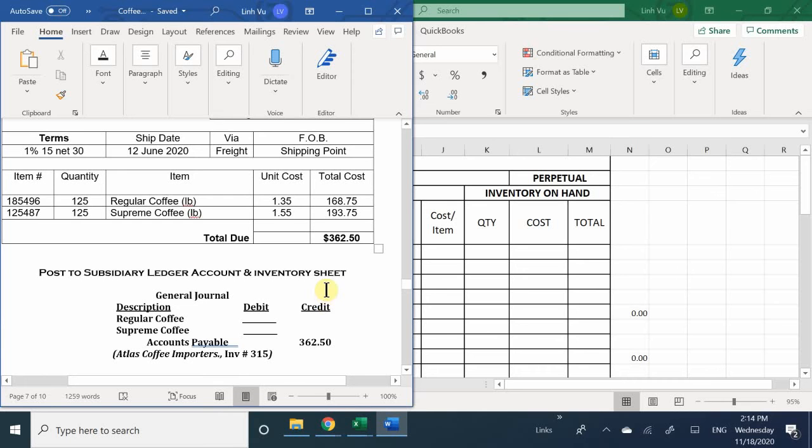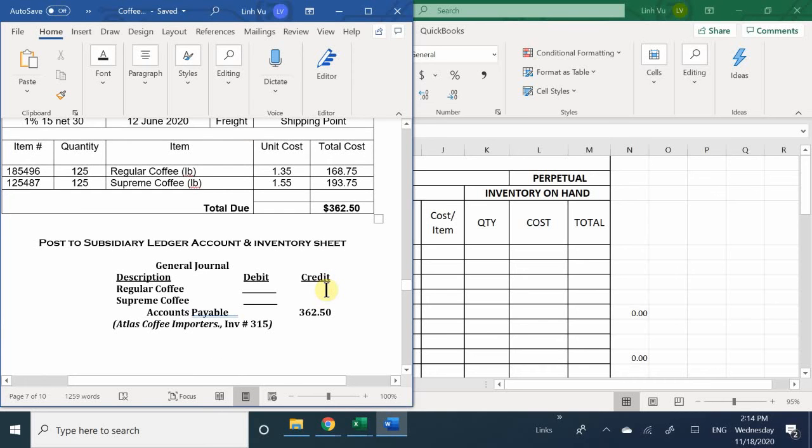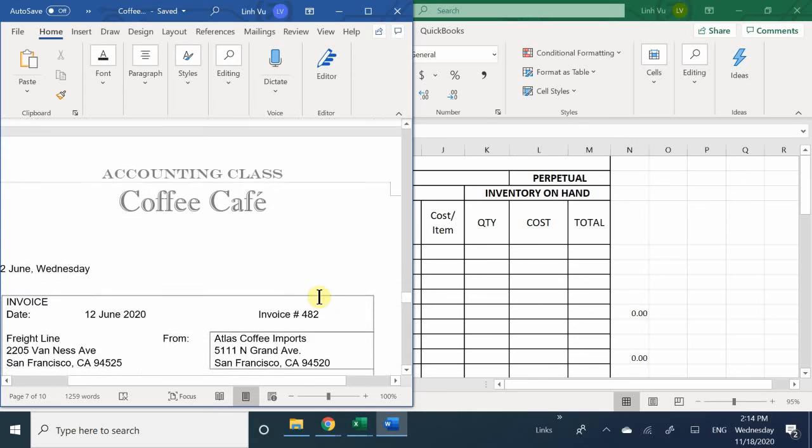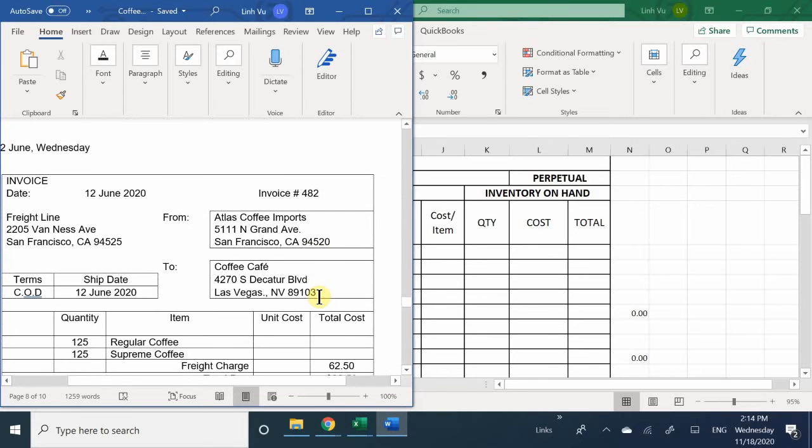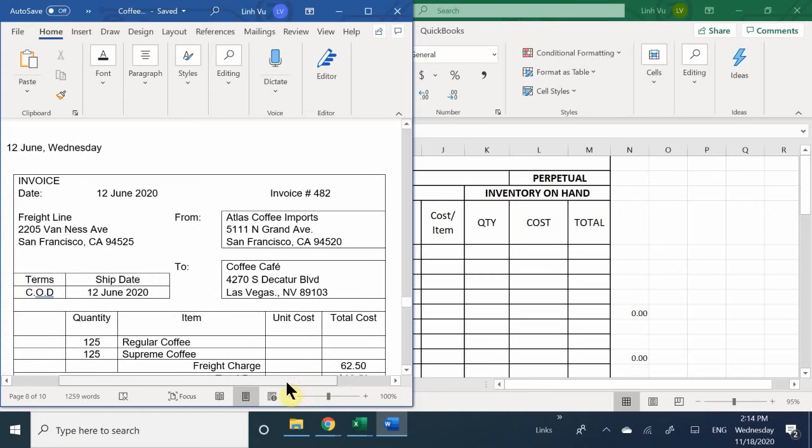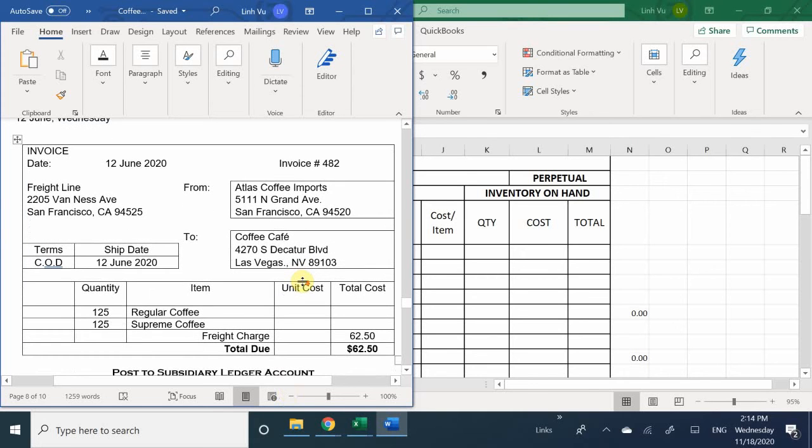Okay. So here is that journal entry we just completed already. So what has happened next? We get an invoice for the shipment of the coffee from Freightline. Yes, $62.50.